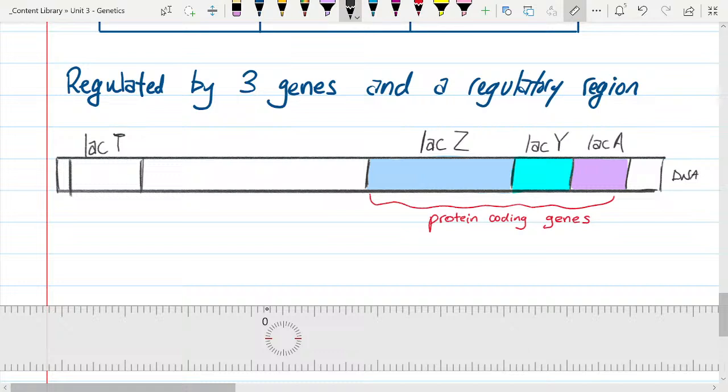This one actually makes a little bit of sense because I stands for inhibitor. LAC-I also codes for protein. In this case, it's the inhibitor protein.